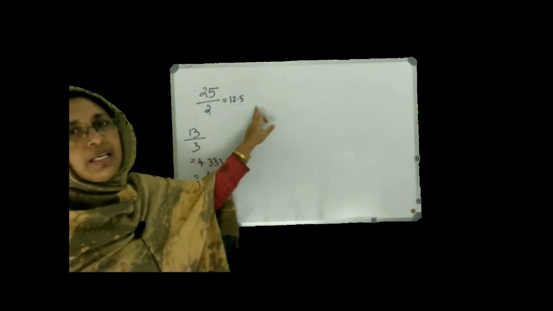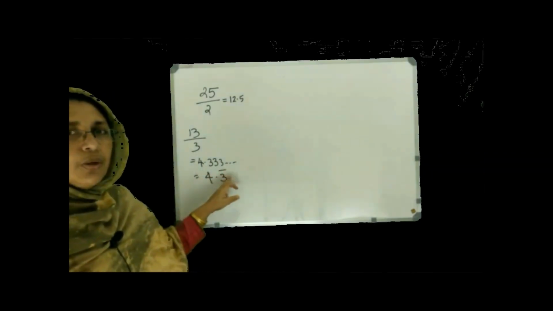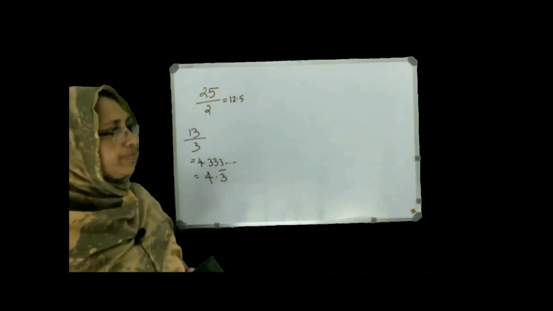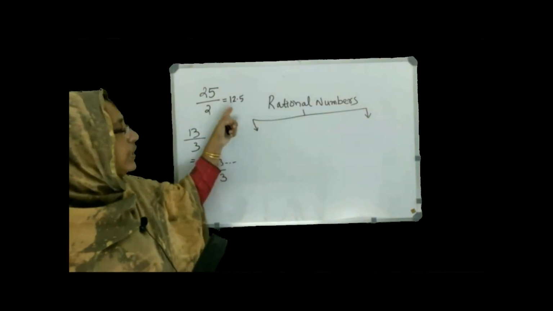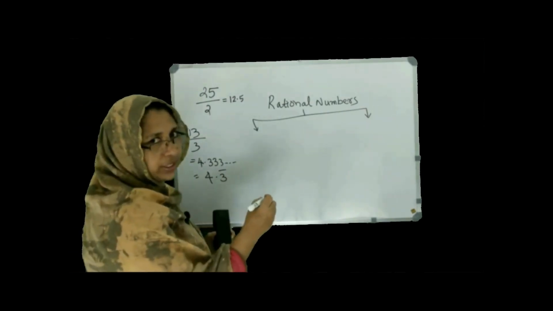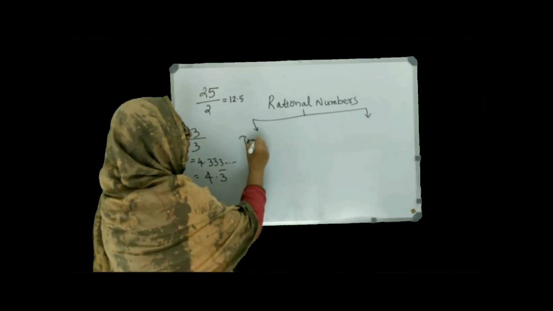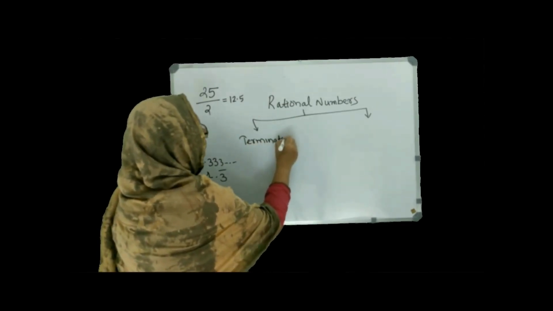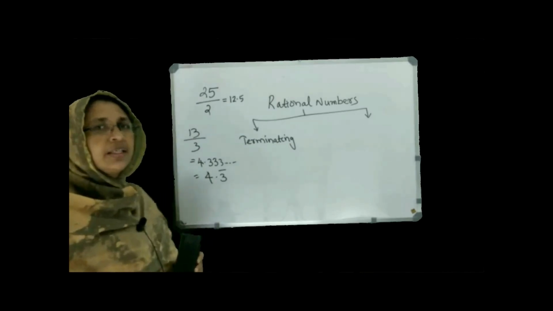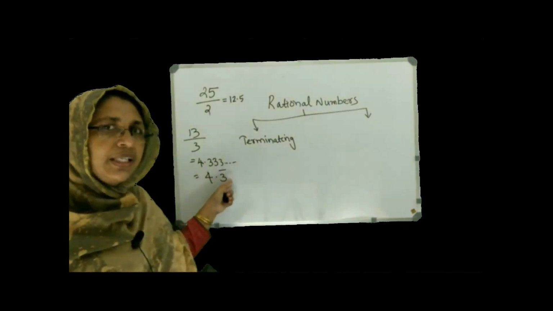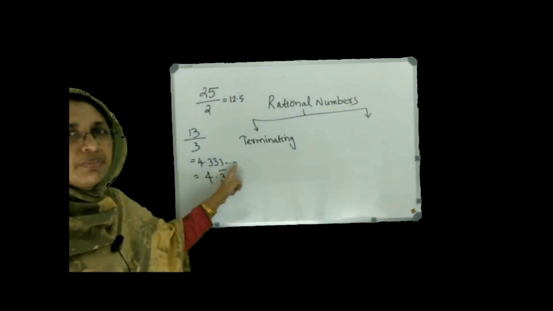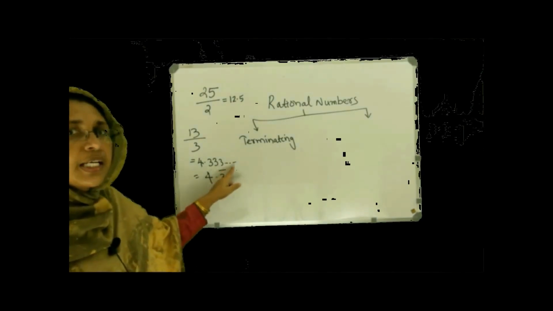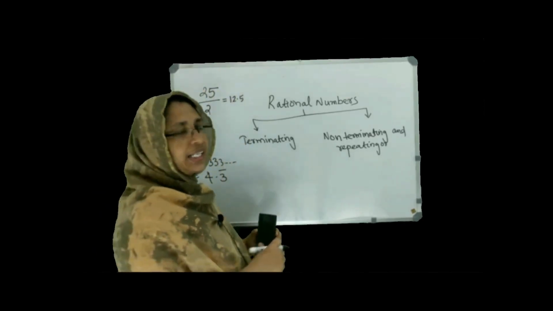One is decimal ending, that is called terminating. And second is not decimal ending, that is called non-terminating, and the number will repeat: non-terminating and repeating. Another name is recurring.